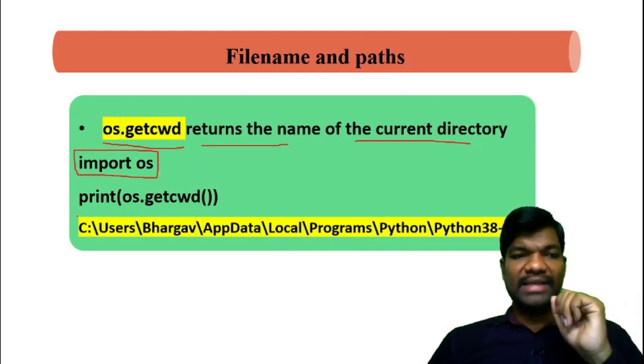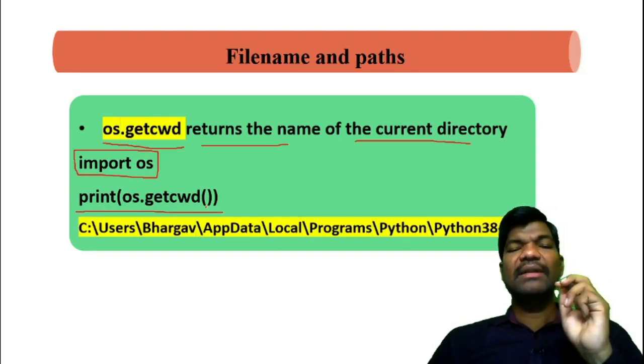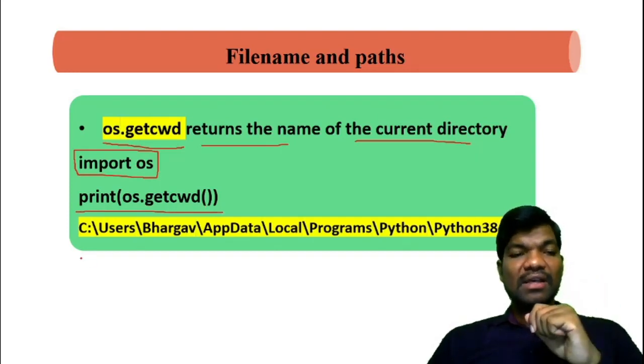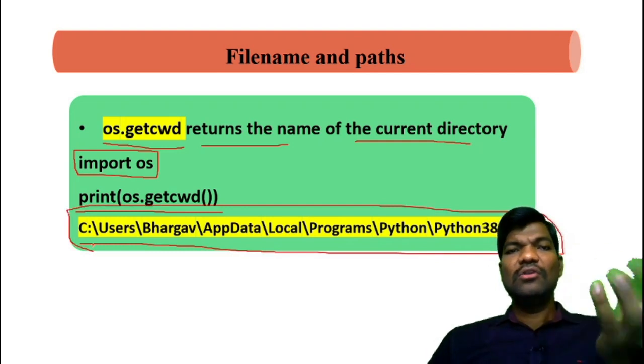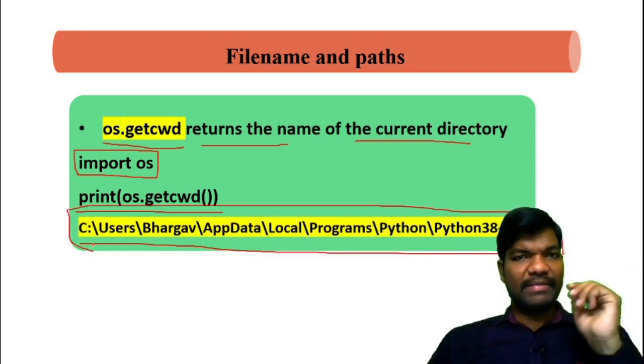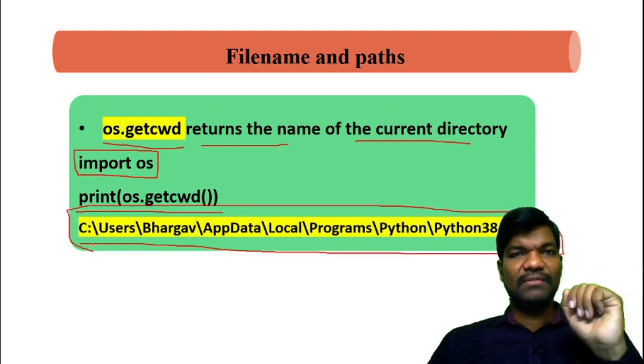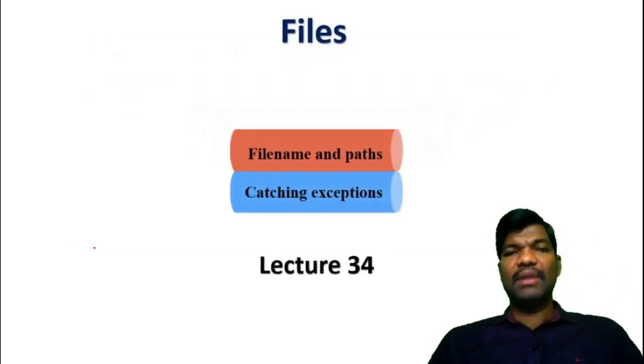So import os, print of os.getcwd, current working directory. This is my current working directory now for Python, right? Your directory will display after execution of that, right? That is the file name and paths.